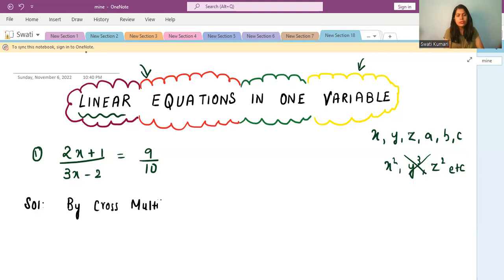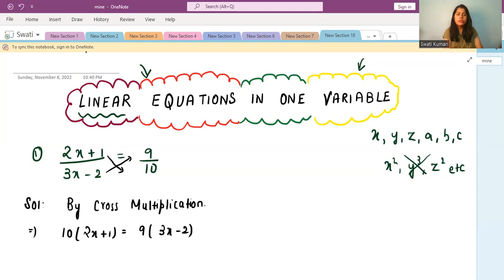What is the meaning of cross multiplication? It is very obvious, the statement itself says it. This and this will get multiplied, and this and this will get multiplied. So let's write that: 10 into (2x plus 1) equals 9 into (3x minus 2).